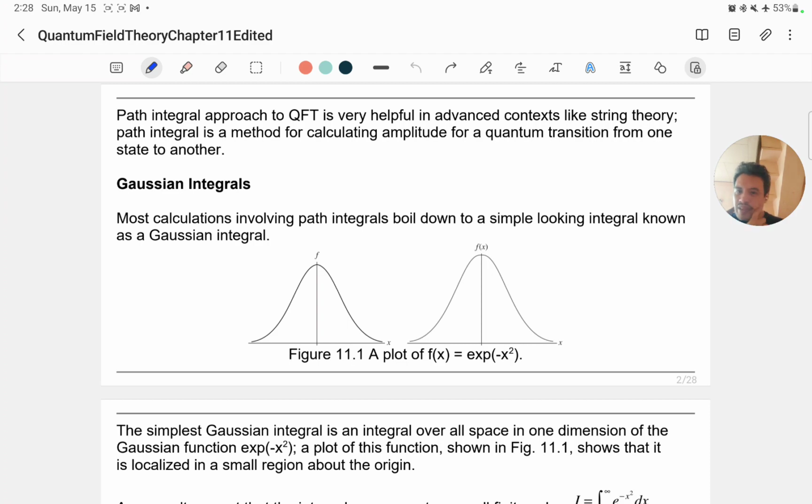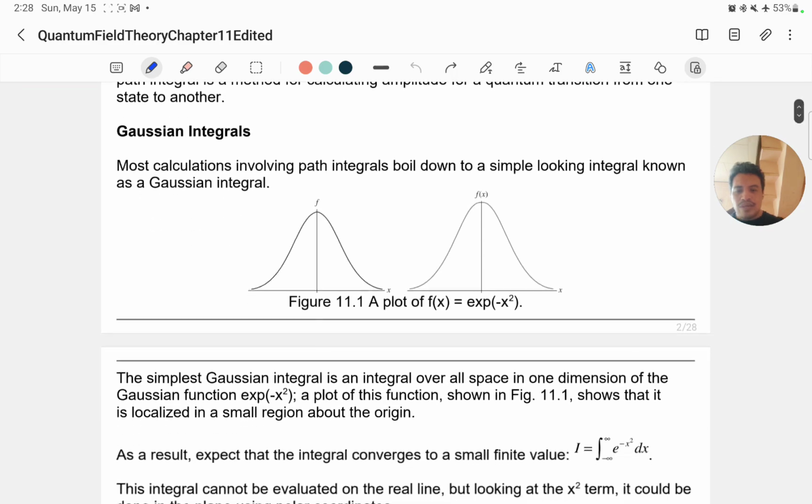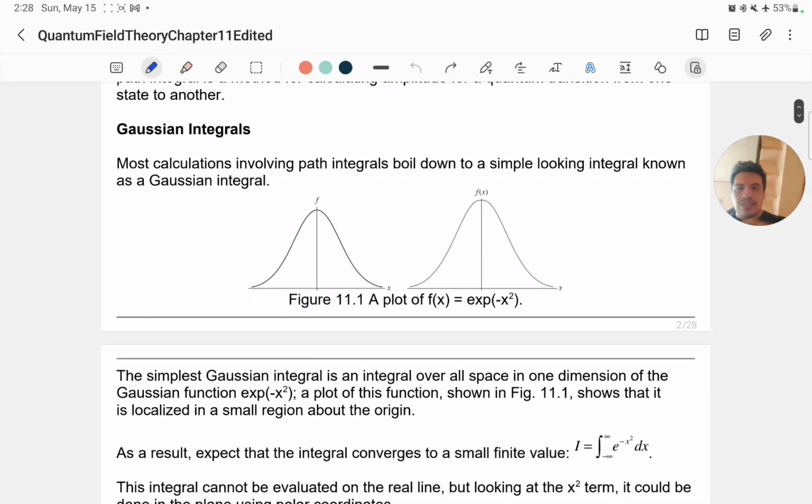So this is a Gaussian plot, a plot of exponential to the negative x square. So this is the plot. You have like a bell. By the way, this is also another way of writing e to the negative x square.